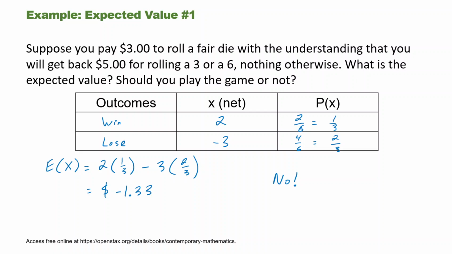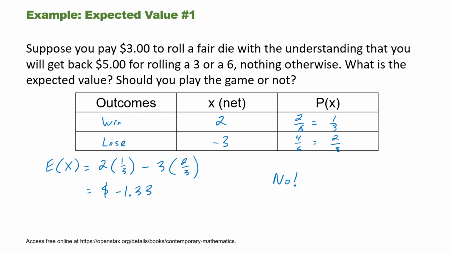Now, most games of chance like this have a negative expected value. The saying goes, the house always wins, okay? These games are designed for you to be losing money as you play, not for you to be winning money as you play. Just for fun, you should look up the expected value of playing the lottery.